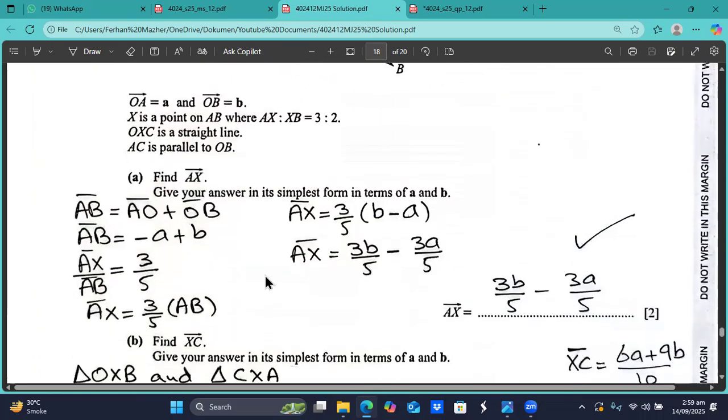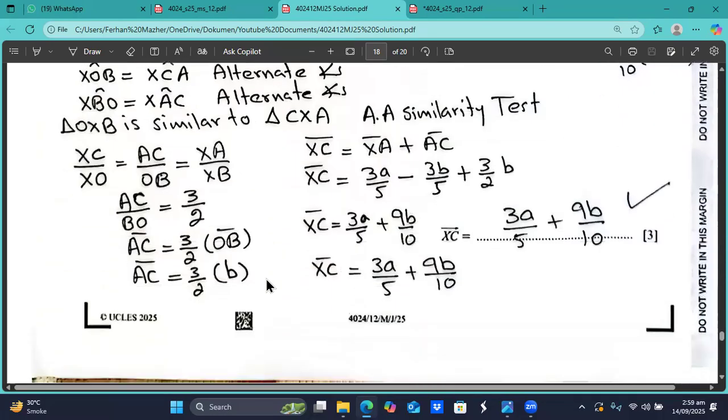So let me write that. From the names, you can write XC divided by XO is equal to the AC side divided by the OB, or you can say BO, and that is equal to the XA side divided by the XB, because both the triangles are similar. So the ratio between their corresponding sides is constant.